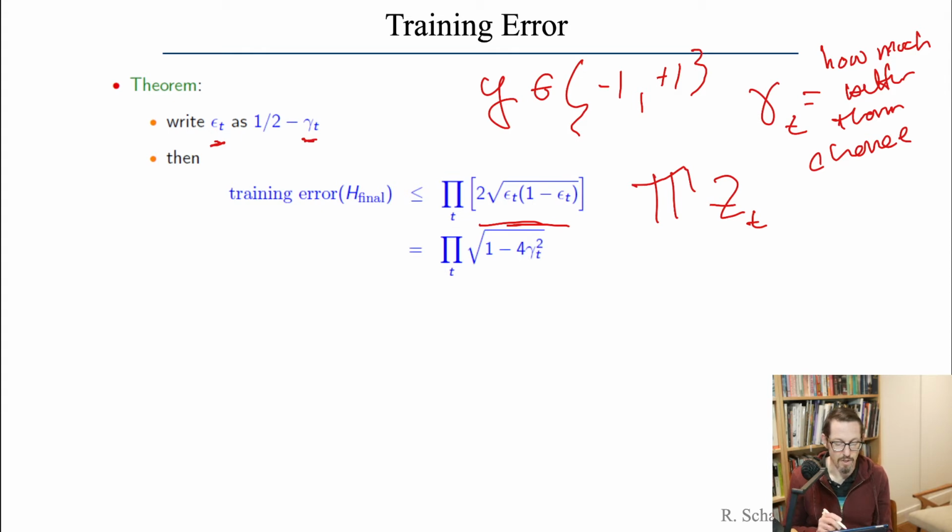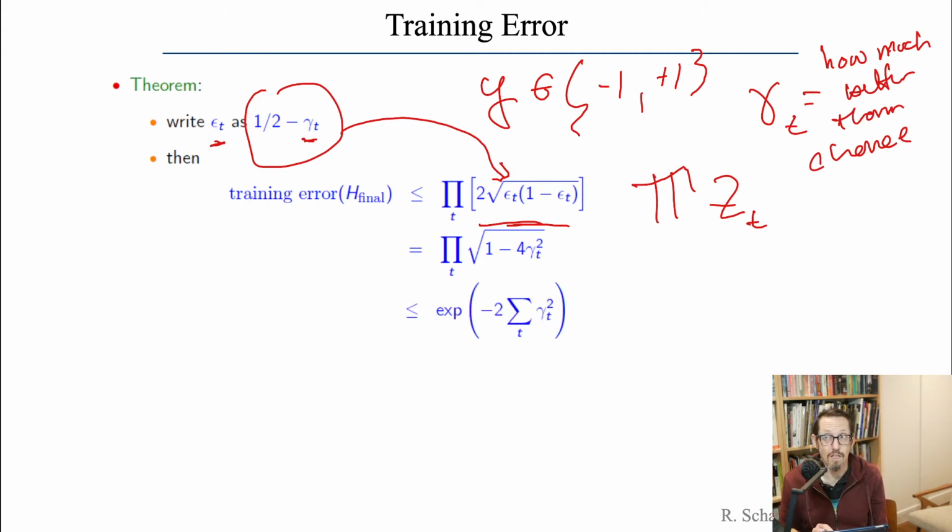So we can plug in 1/2 minus gamma of t into every one of those epsilons, and we get this form. And if we keep simplifying that, we can eventually realize that this has got to be an exponential of minus 2 times the summation of the gamma t's.